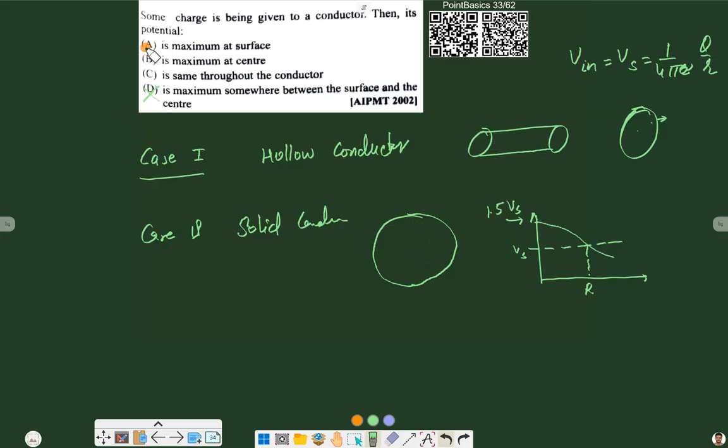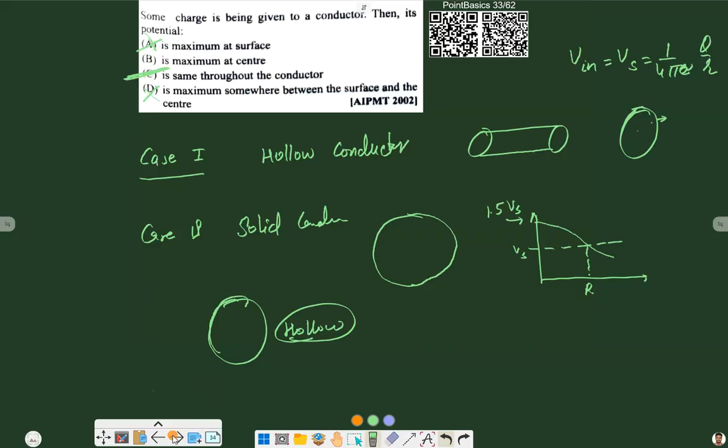And we can say option A is also wrong. Depending upon the type of surface we choose, it can be maximum at the center or the same throughout the conductor. But normally in these types of questions, most of the time we assume hollow conductors. And in the case of a hollow conductor, same throughout the conductor can be a possible answer.